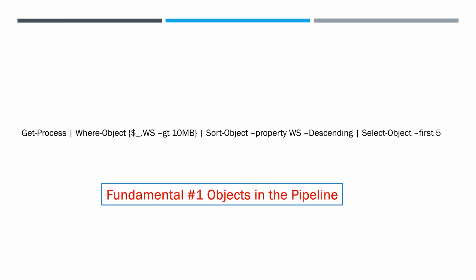The most important thing is they must understand what these commands are doing and that PowerShell is working with objects in the pipeline. If they can't understand an expression like this and know what PowerShell is doing at each step of the way, they're never really going to get very far in PowerShell. So that's the most fundamental, most important part of teaching PowerShell, especially to someone new, for them to understand.